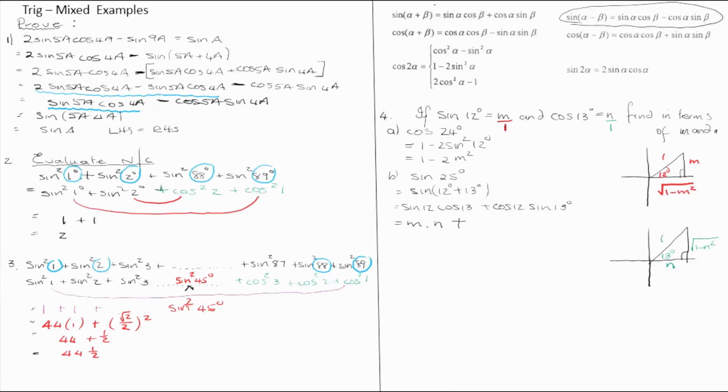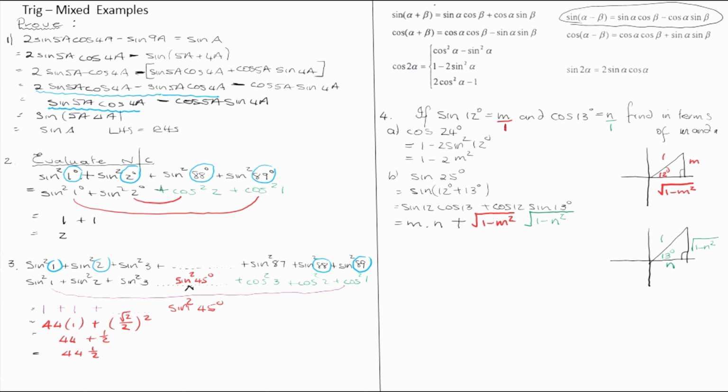Right, so let's go and put that into our question. Cos of 12 is going to be the square root of 1 minus m squared over 1. We don't need to worry about it being over 1. And then the sine of 13 is y on r, or opposite over hypotenuse, and that would also be over 1, so we're not going to worry about it.